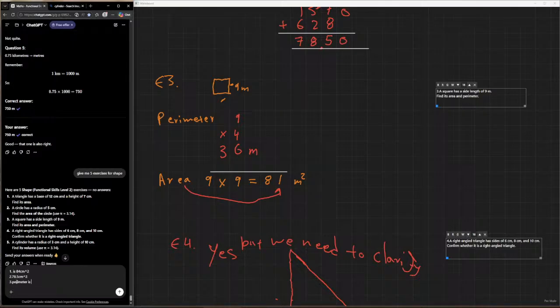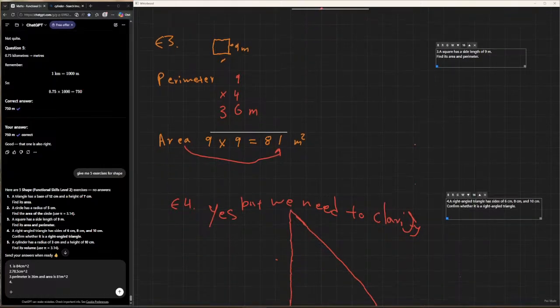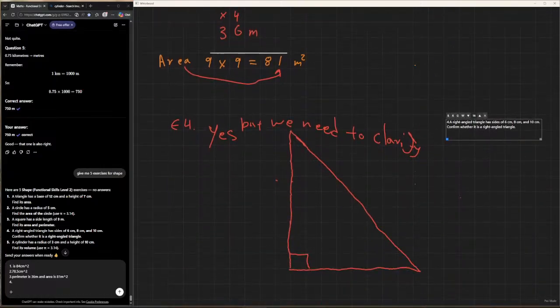Perimeter is 36 meters, and area is 81 meters squared. Question 4 is 1. Yes.